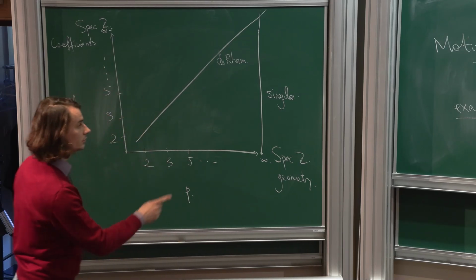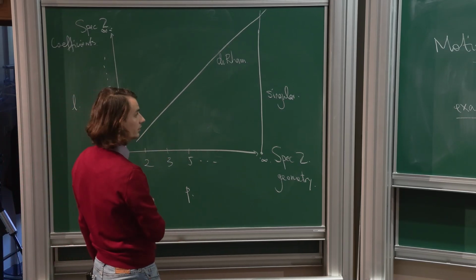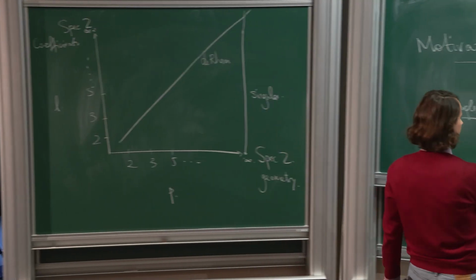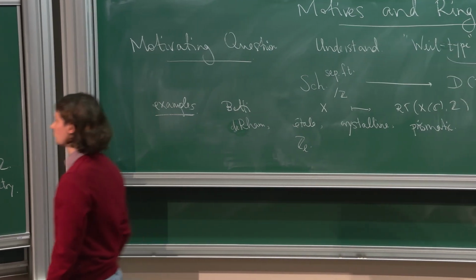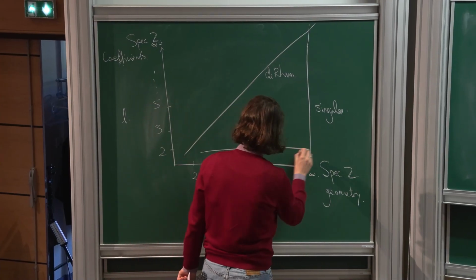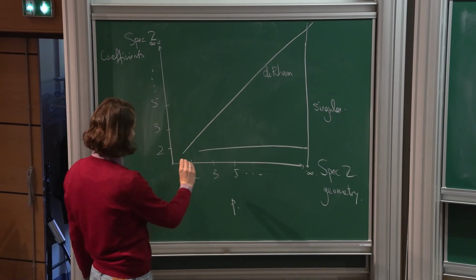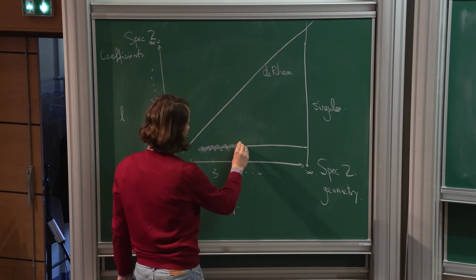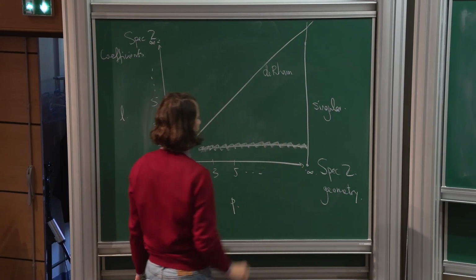Next on my list was étale cohomology. This you can do for any prime l with l-adic coefficients. For example, if l is 2, this would sit here at l equal to 2 and is defined away from characteristic 2, not just mod 2 but mod powers of 2, so some kind of formal completion here.